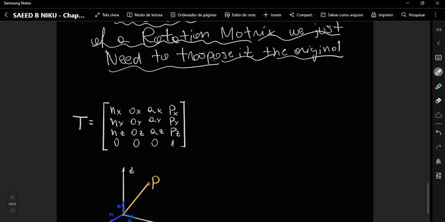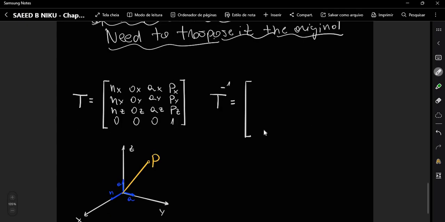Now, if we want to calculate the transpose matrix, we just need to swap the lines by the columns, and this is just for the rotation part, as I said at the beginning of this explanation, and the part of the position given by the vector is the negative scalar product of the vector p with each of these vectors n, o, a.